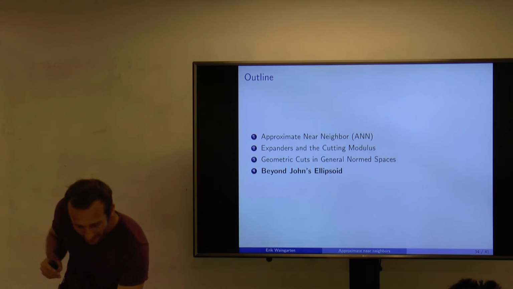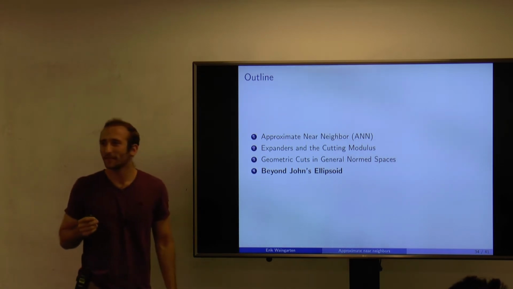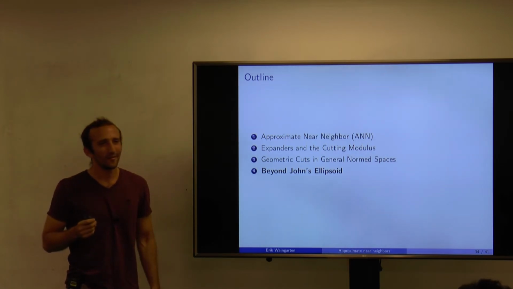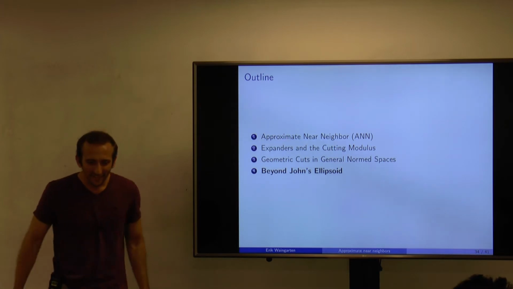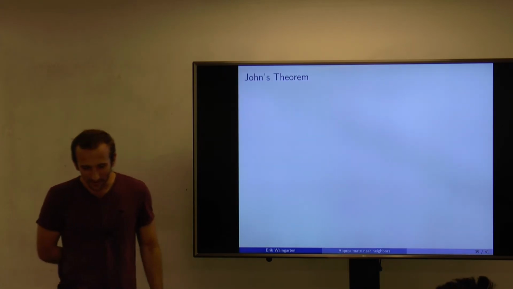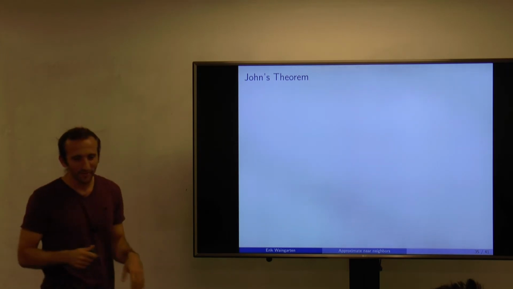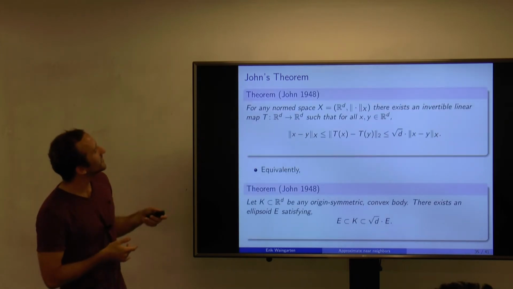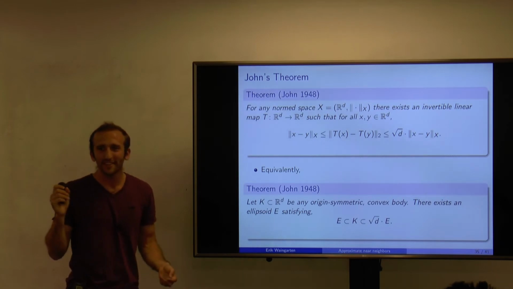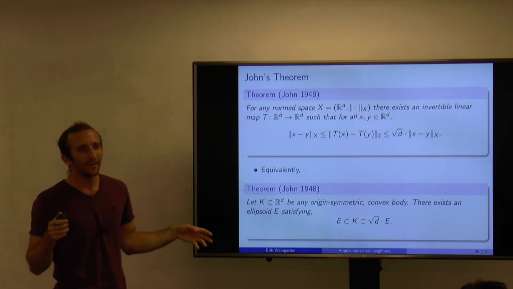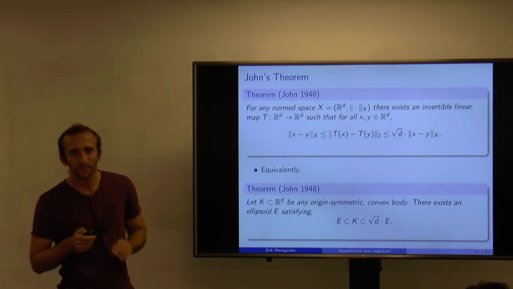I have a lot of time, so I went a little fast. Let's try to go beyond John's theorem, and I'll remind you what John's theorem said. Basically, for any norm space, up to a factor square root d, we can think of it as being L2.